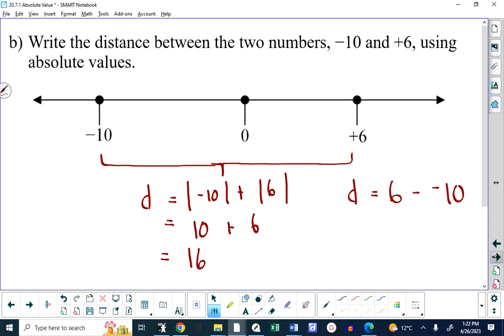Could we subtract the other way? Well, we could if we do an absolute value. And we could have done absolute value here as well, even though it's not necessary. In either case, you're going to get the absolute value of 16 or the absolute value of negative 16, which is 16 as well.